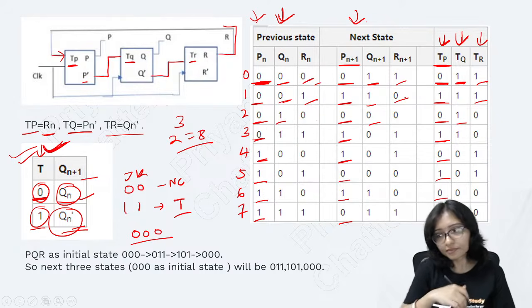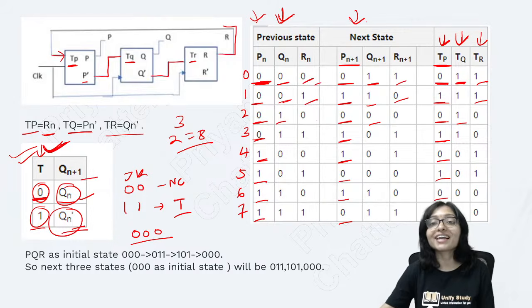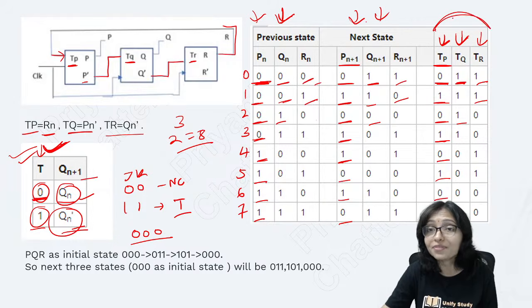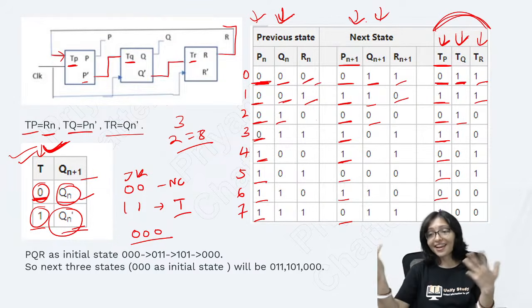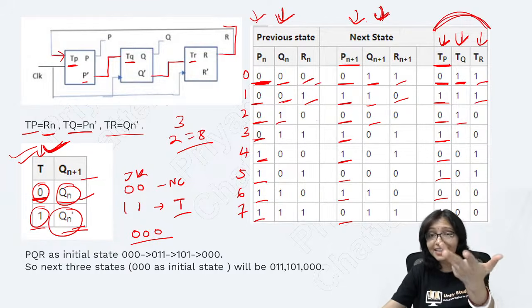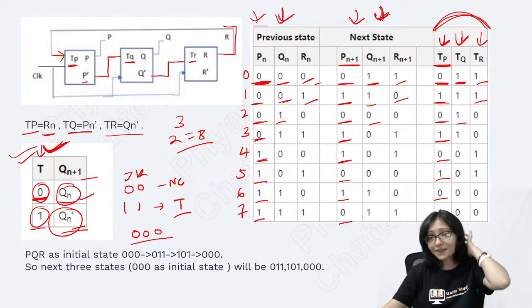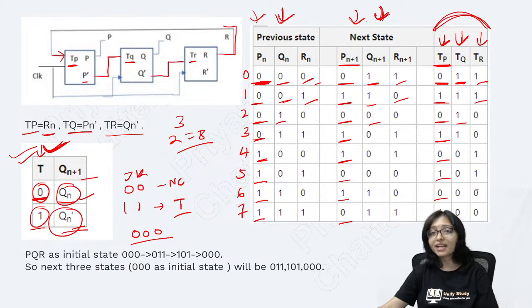Simple way, right? Now your question will be: ma'am, you are telling very easily that okay, TP is 0, I am getting the next state, but how to fill TP, TQ, TR? How are you getting this value? Does this question come to your mind or not?